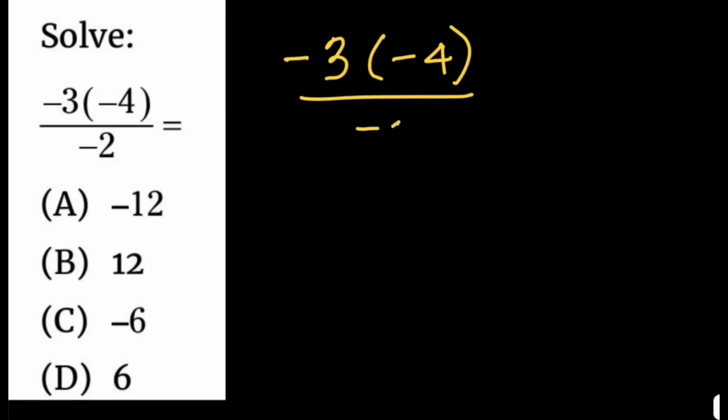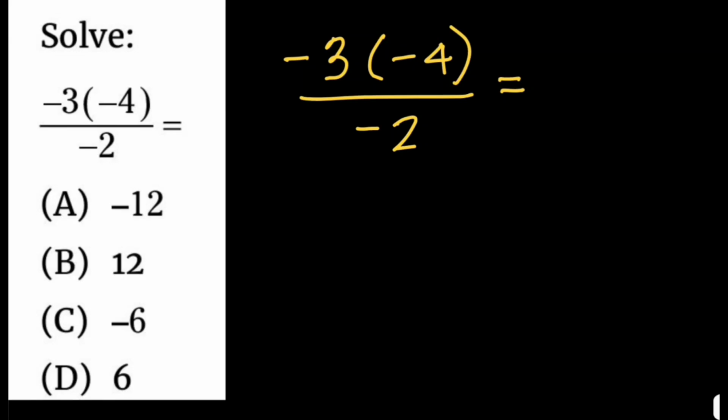Solve -3 times -4 over -2. So let's write that again. -3 times -4 over -2. The first thing we do is multiply the top part of the fraction first before dividing.